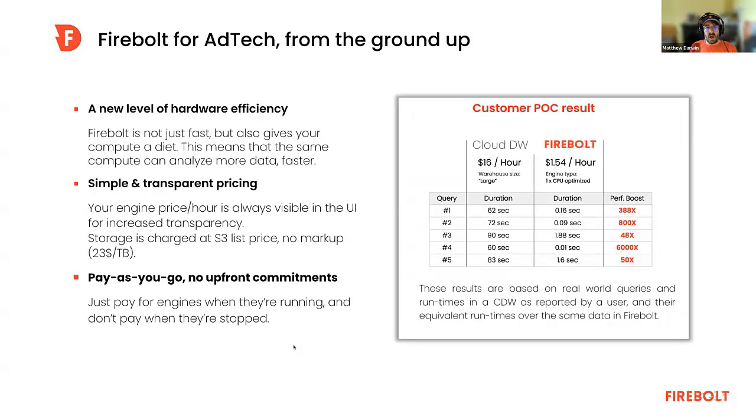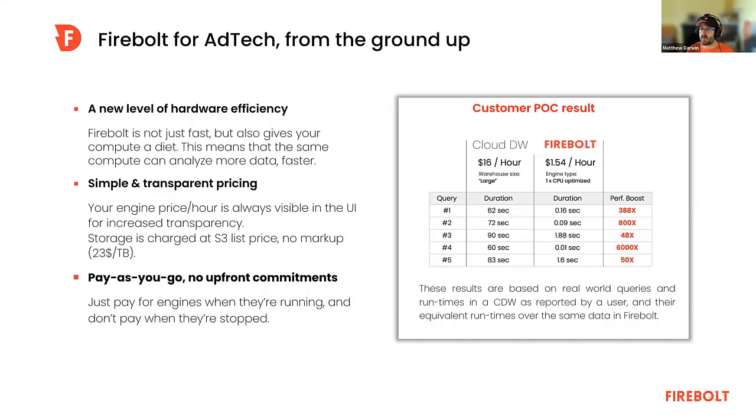So from an ad tech perspective, what Firebolt allows you to do is deliver efficient queries on minimally sized hardware for your workload. It's not that we're cheap or cheaper than anybody else. It's our efficiency that allows you to choose the sizing of compute that meets your workload. We have very simple and transparent pricing. You pay by the price per hour, but if you have it running for 30 minutes, you pay for 30 minutes.